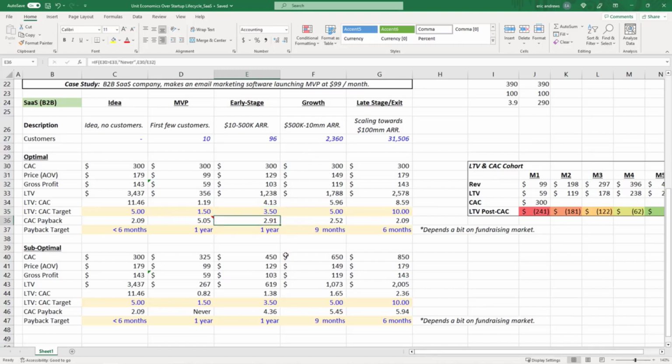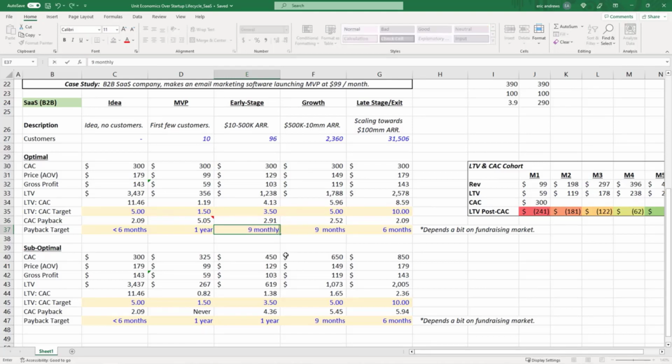So in this scenario, the CAC payback target we're saying is 2.91. Again, this kind of depends. Early stage, the payback target, I might say more like 9 months. You don't want to be spending too long recovering your CAC in this stage.